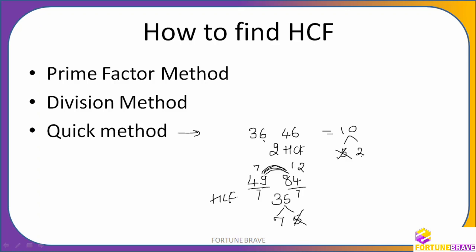If it cannot divide, then find its factors and see if the factors of that difference can divide those two numbers. If any of the factors can divide it, well and good, that is your HCF. If none of the factors can divide it, then 1 is your answer. You can note down properly so that this will be your method from now onwards.